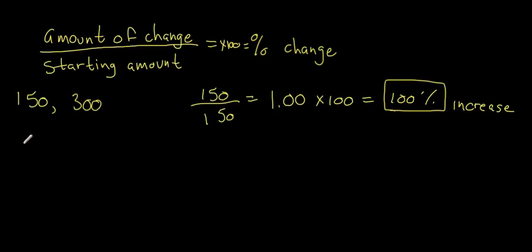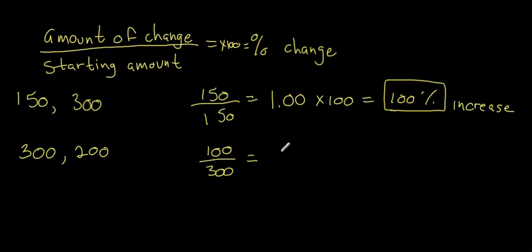Let's suppose our next one is 300, and the second one is 200. So the difference between these is 100. The starting amount is 300. So it's 300 into 100, or basically 1/3.